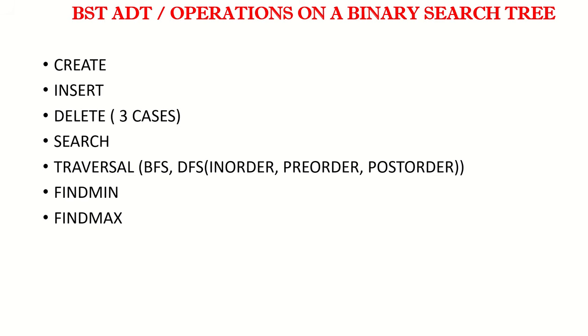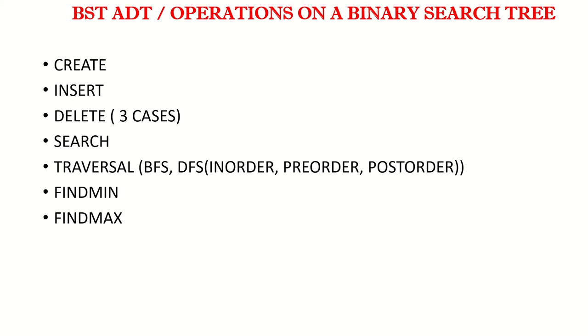So the binary search tree ADTs, or the operations that can be performed on a binary search tree, are: you can create a binary search tree when n elements are given. If you have created a tree and want to insert one more node, insertion can be done in the binary search tree.